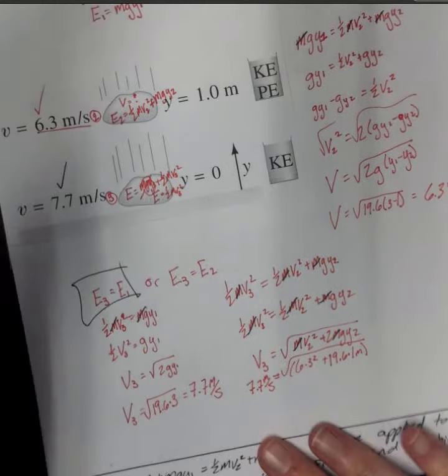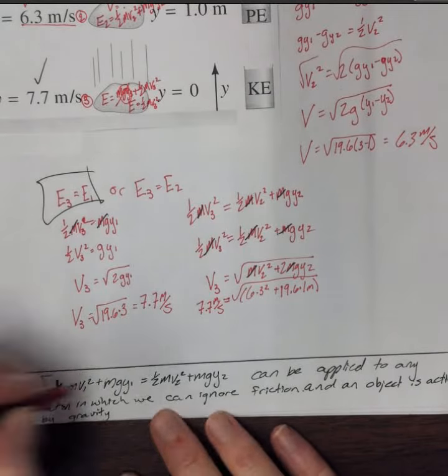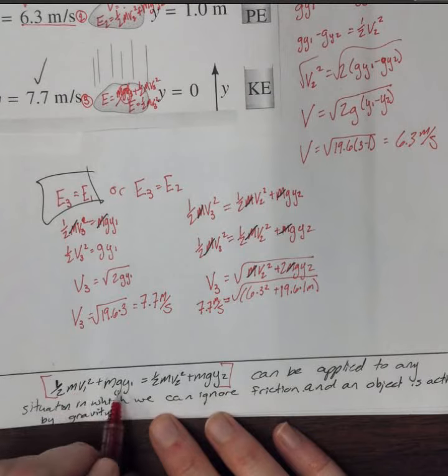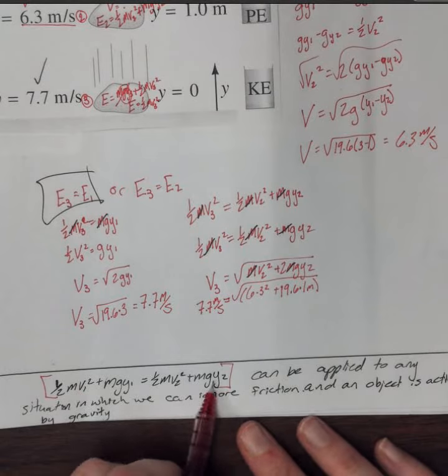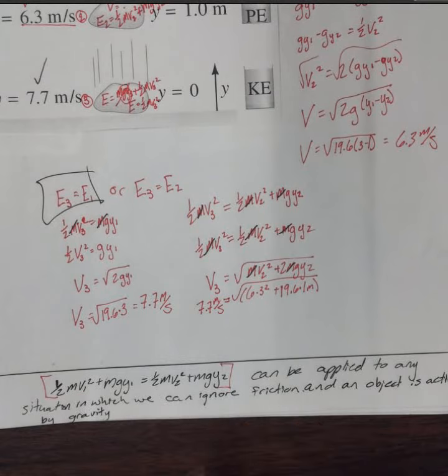Another thing to take a look at is that this equation, 1/2 mv squared plus mgy at one point, is equal to 1/2 mv squared plus mgy at another point. This is always going to be the equation that you can apply to a situation where an object is acted on by gravity and you can ignore friction.